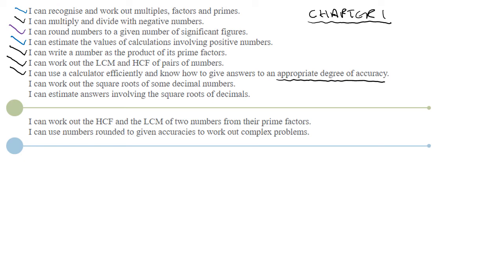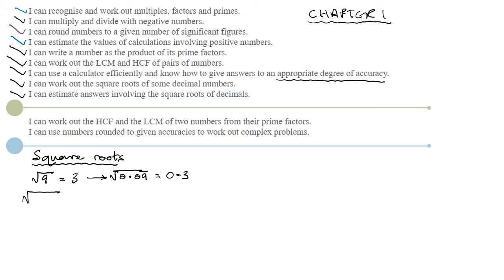Now the next two here are to do with square roots, so we'll do these together. We need to be able to work out maybe the square roots of some decimals. This is without a calculator. For example, if we know that the square root of 9 is 3, we could work out the square root of 0.09, which would be 0.3.